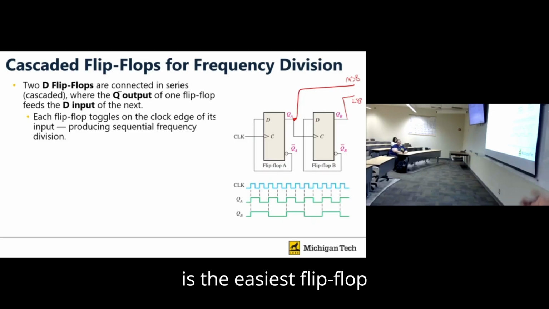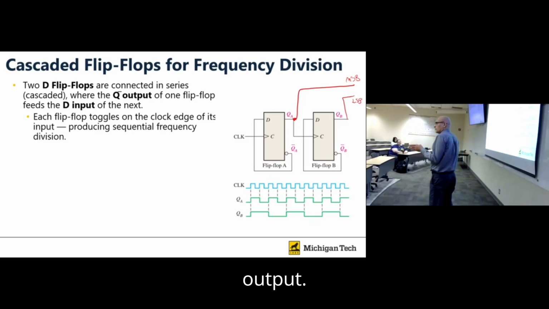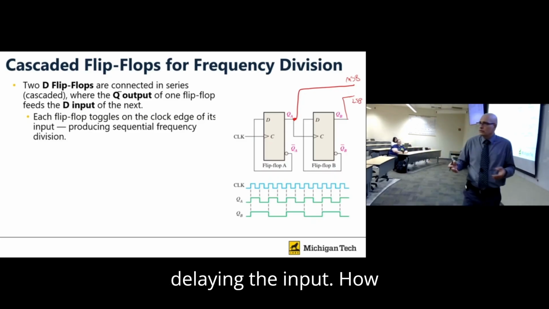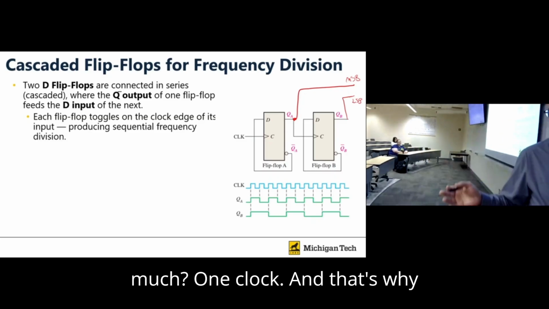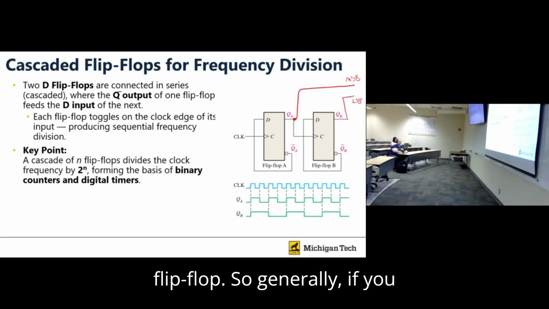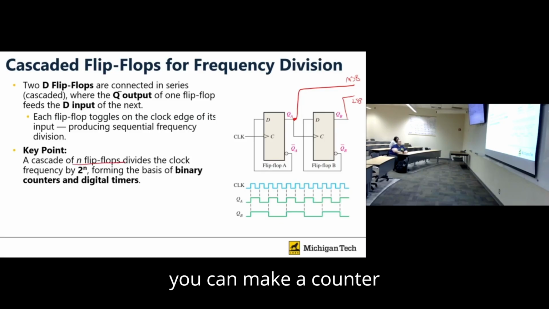This flip-flop is the easiest flip-flop because whatever comes to the input goes to the output when the clock comes. It's just delaying the input. How much? 1 clock. That's why it's called a delay flip-flop. Generally, if you have n flip-flops, you can make a counter.